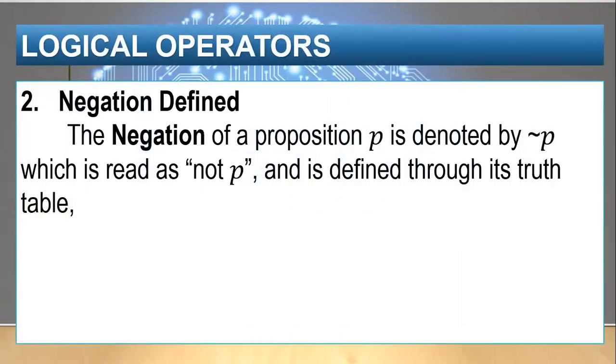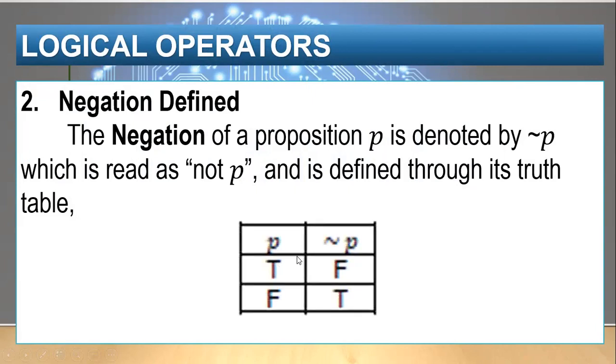Okay, so now we have negation. The negation of a proposition P is denoted by not P, which is read as not P. Okay, and it is defined through its truth table. So we'll see proposition P. We have, di ba, either true or false yan.